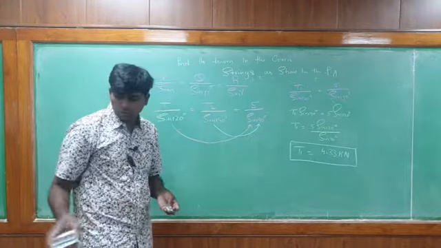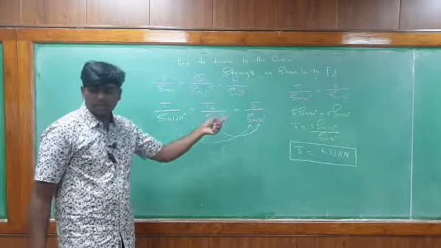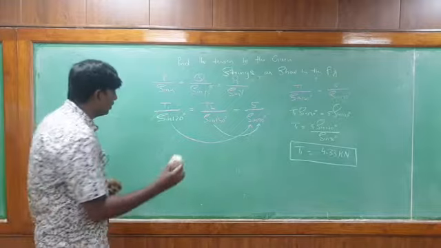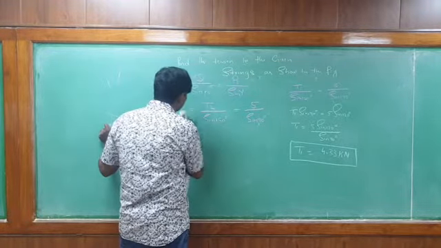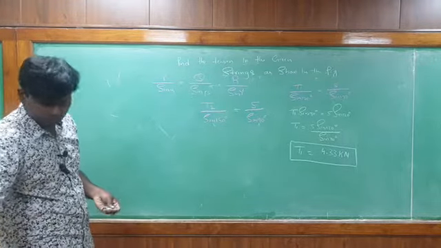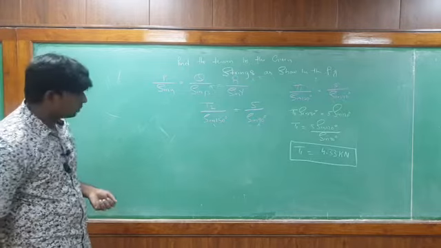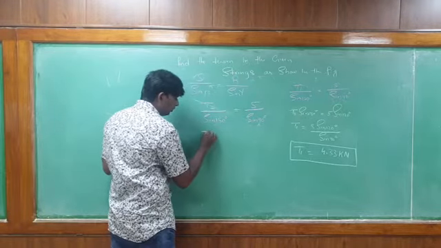After that, try to solve second and last. First and last is over. I am solving it here itself. Go for cross multiplication.